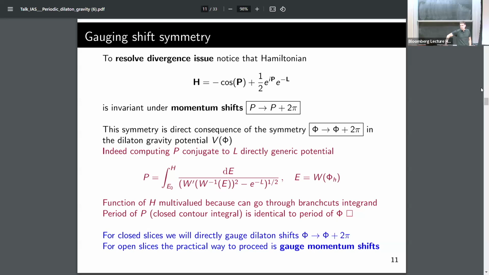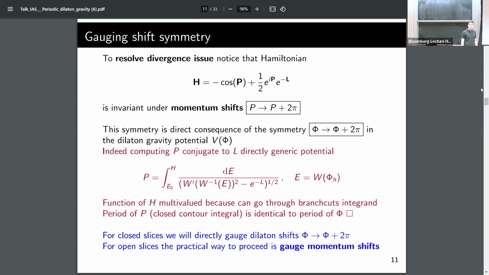Yeah, L is not quite related to phi. It's more that P is closely related to phi. But L is discrete. Yeah, so P will become periodic and L will become discrete. Oh, okay, yeah, sorry. Like the opposite of what we usually do. Usually we take X to be periodic and P becomes discrete. Yeah, it's just the other way.